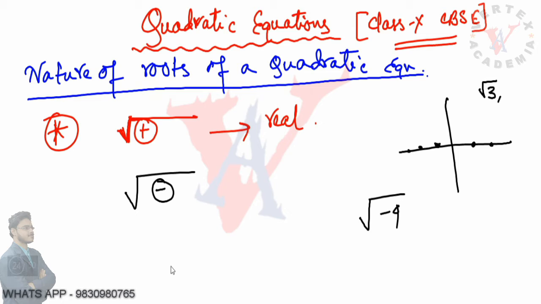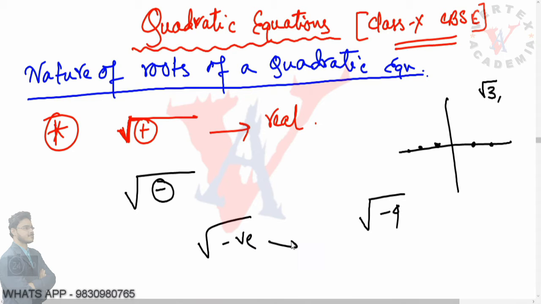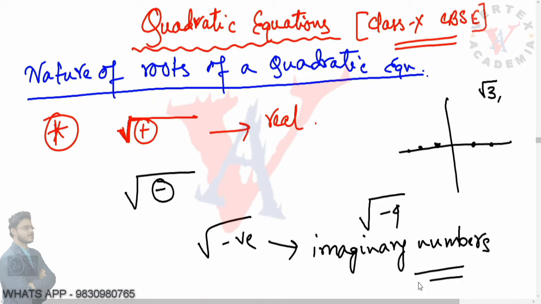So basically you cannot find these numbers in real life, you can only imagine them: okay, there is root minus 4, what can it be? These roots over negative numbers are termed imaginary numbers. Whenever there is root minus 2 or root minus 4, they cannot be represented on the number line and do not have any physical significance.